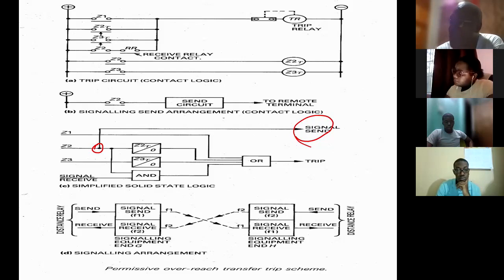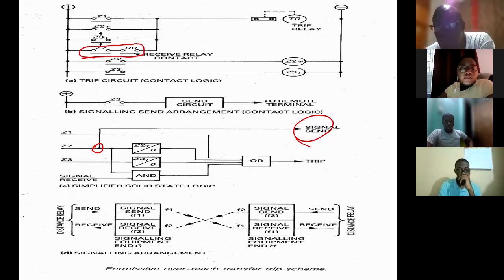So in terms of the supervision, you can see it in this line here. You have the instantaneous zone 2 contact and the receive relay contact, and that's the AND function that we have there.